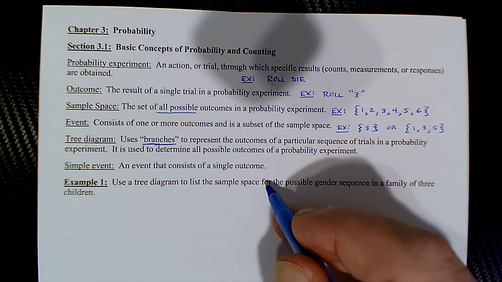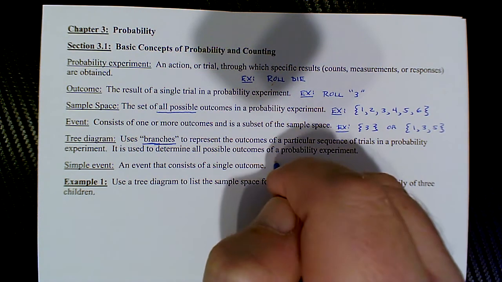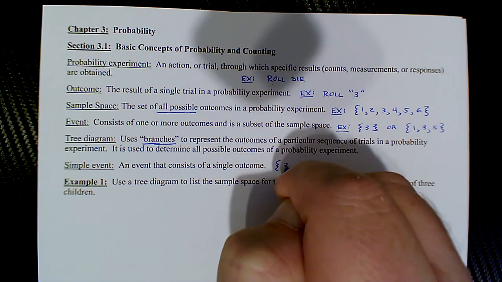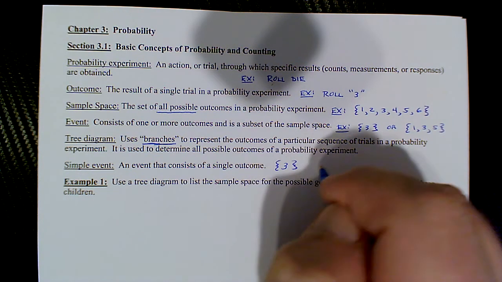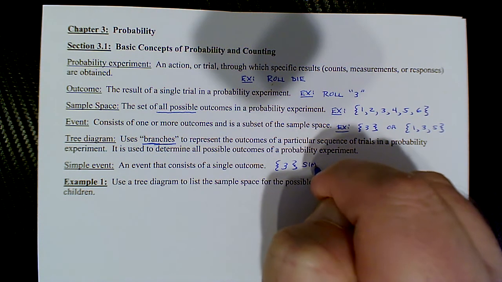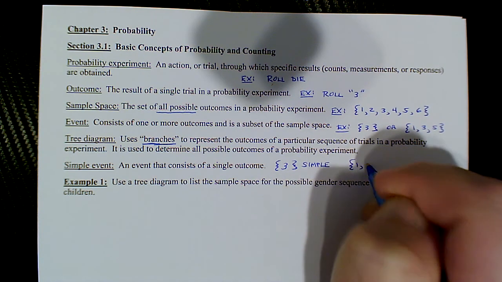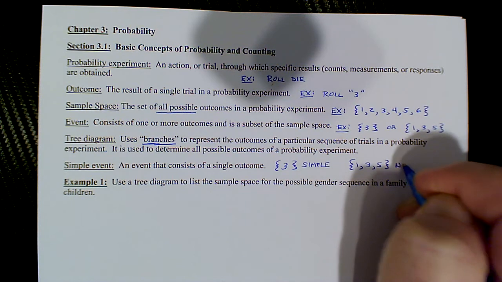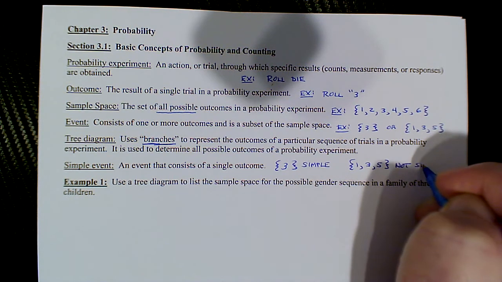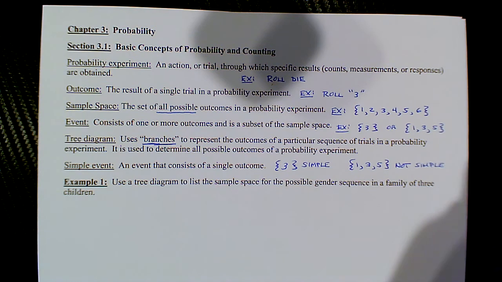And then just to define the simple event, in the situation of rolling the die, rolling a 3 would be a simple event, because it's a single outcome, so that's simple. Whereas rolling the odd number, 1, 3, or 5, is not simple, because there's more than one outcome.